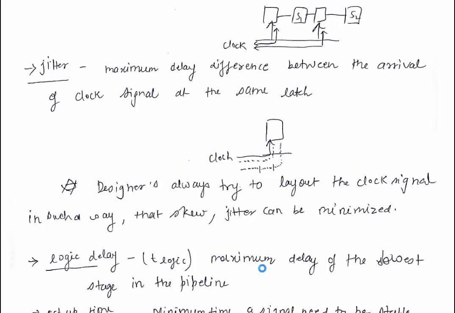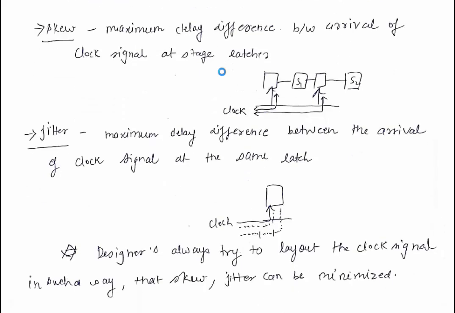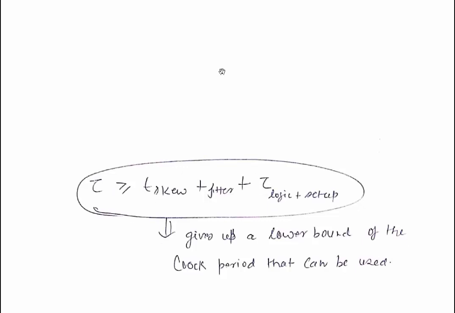Now I think you got the idea of skew, jitter, logic and setup, and when you add these terms, the sum must be less than or equal to tau. When you evaluate the pipeline efficiency, throughput or performance, you must not ignore these terms: skew, jitter, logic or setup. So your overall expression would be: tau must be greater than or equal to T skew plus jitter plus T logic plus setup.